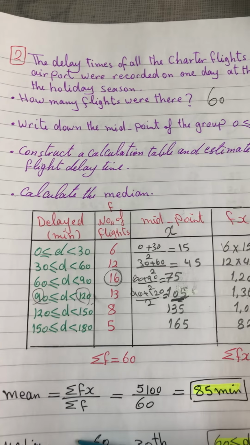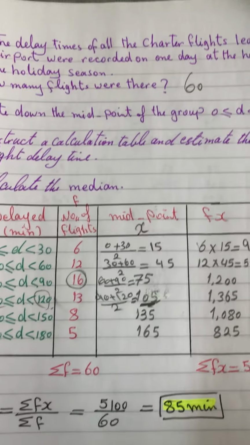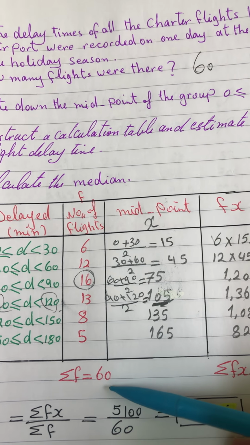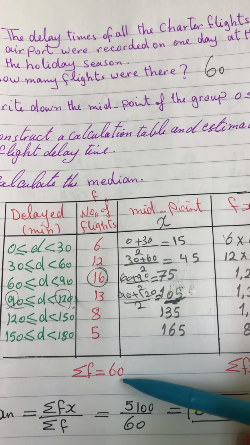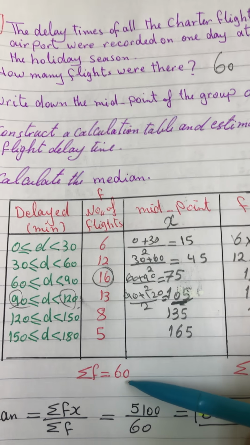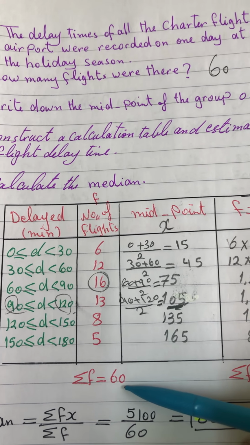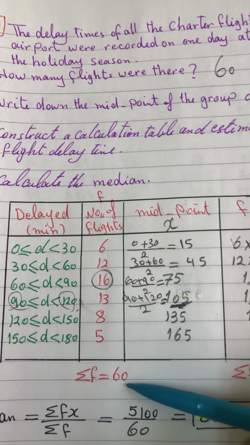And to find the median, try to do it yourself. The sum of the frequency is 60, divided by 2 equals 30. So the median is number 30. This gives me the order of the median.